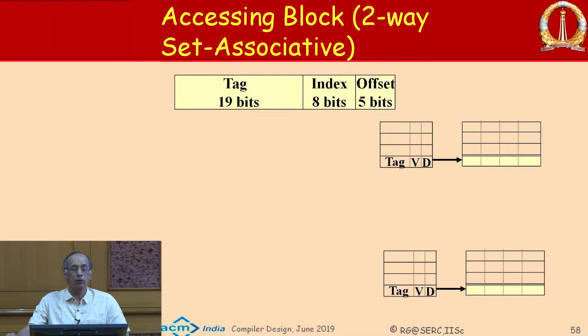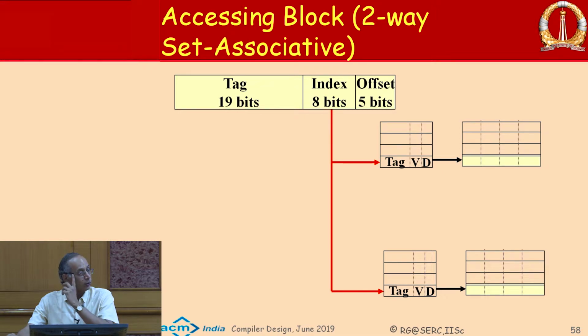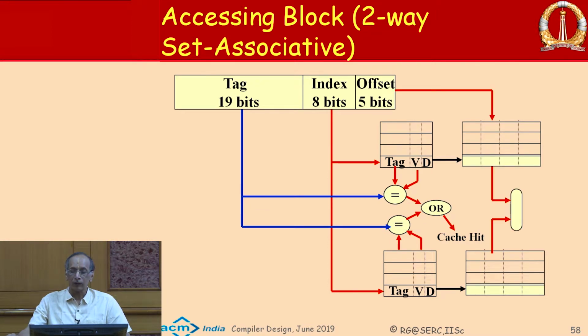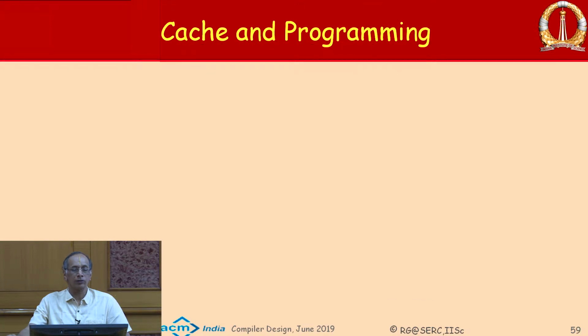For a 2-way set associative cache, the diagram shows that you use the index bits to index into the cache. There will be 2 locations corresponding to this set, and you search both these tags. If one of them is a hit, then you have a hit. If both of them are misses, then it is a miss. Okay, so that is how you access the data in a set associative cache.